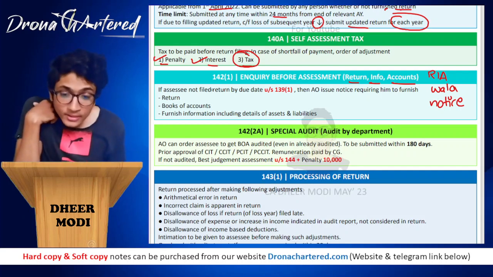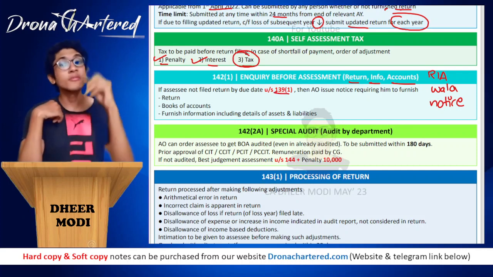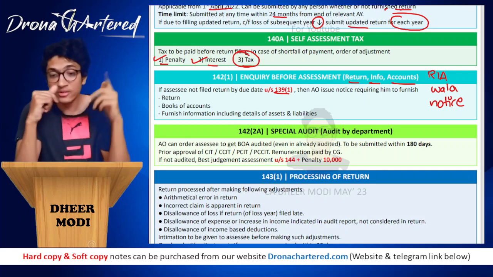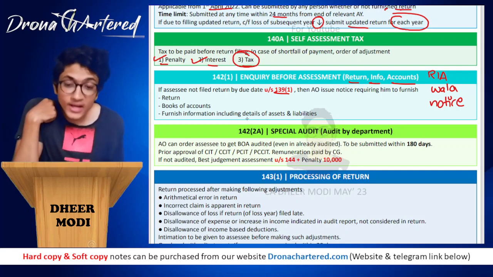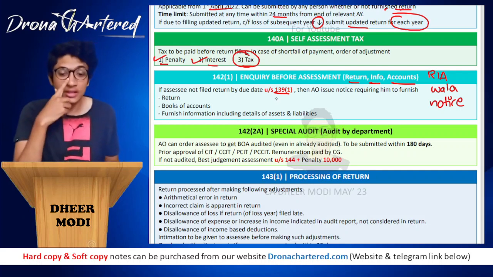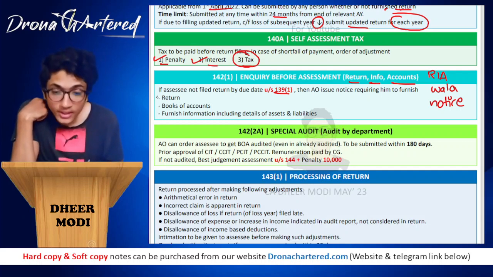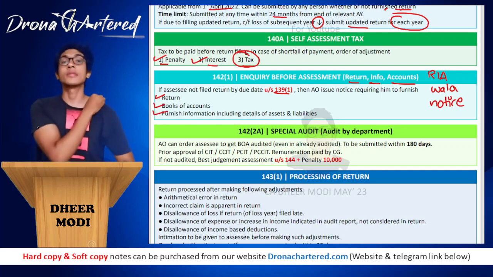So if the assessee has not filed return by the due date under section 139(1), remember we did the due dates: 31st October, 30th November, and 31st July. Then the AO shall issue notice requiring him to furnish his returns, his books of accounts, and furnish information including details of assets and liabilities.